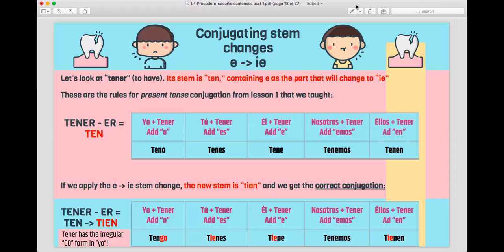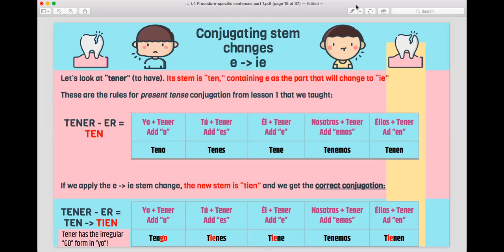Okay, so I was talking about tener. Its stem is ten, and E is the part we'll be changing to IE. Right below, I have the way we originally learned it in lesson 1, how we would think it would be conjugated if we didn't apply the stem change. So the first blue table is the incorrect way to conjugate tener.